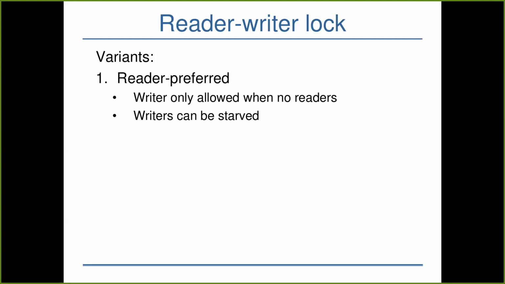Well, imagine a situation where one reader comes, then another reader comes. Maybe these readers are done, but just before at least one of them is done, a third reader arrives. There's always some stream of readers, and we basically don't give a chance to a writer to write new data. That means the writers will be starved.